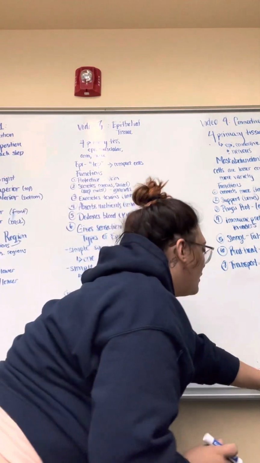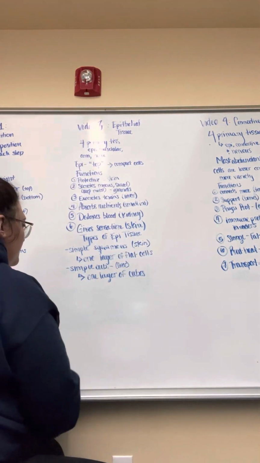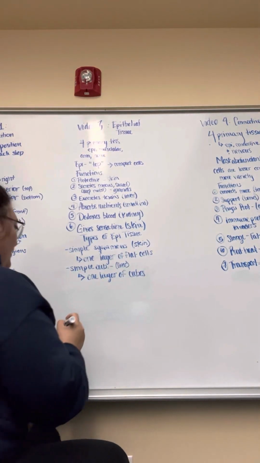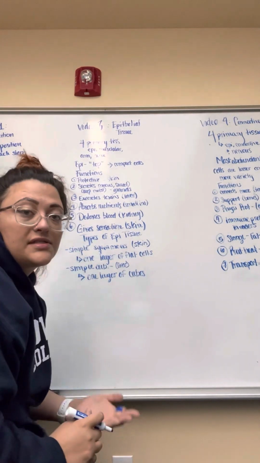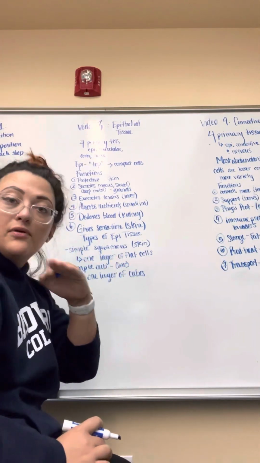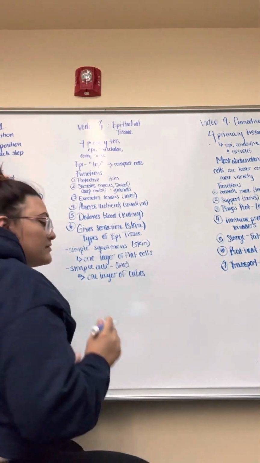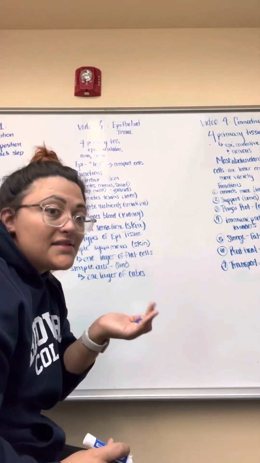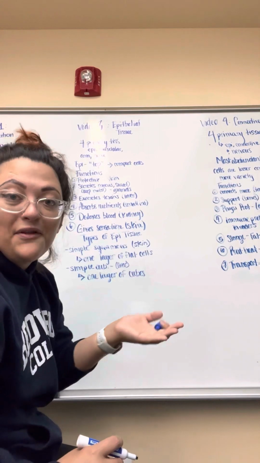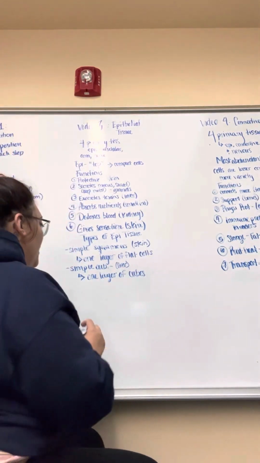But then we also have another type of simple epithelial tissue, and that is called simple cuboidal. If you remember, simple means one layer, and cuboidal sounds like a cube, so it's very similar. It's just a different cell shape.